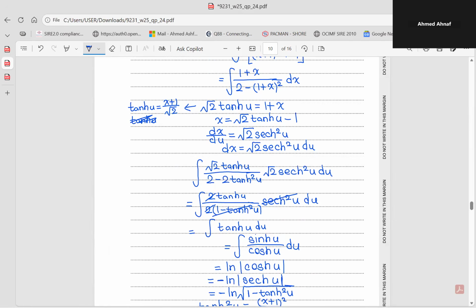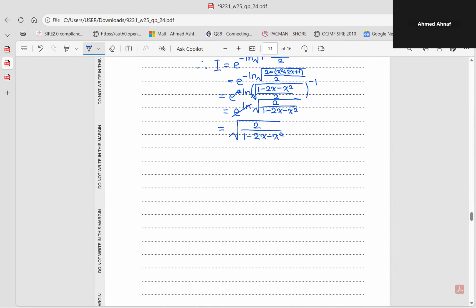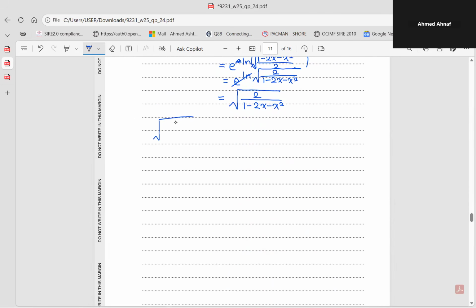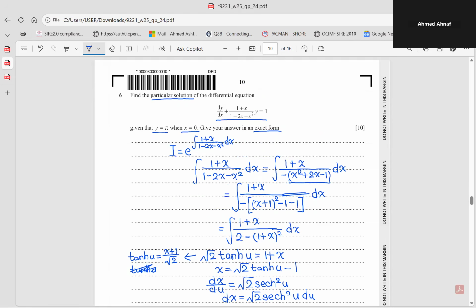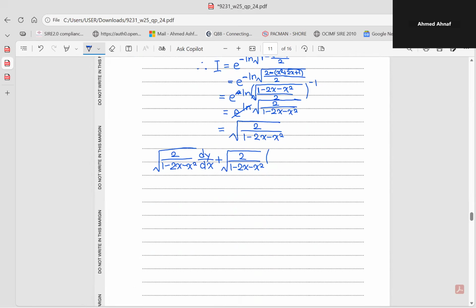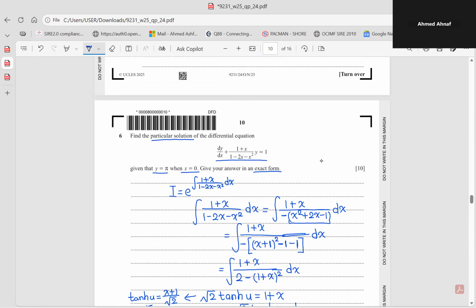Now we can multiply this on both sides of the DE. Doing that, we get square root 2 over 1 minus 2x minus x squared dy dx plus square root 2 over 1 minus 2x minus x squared times 1 plus x over 1 minus 2x minus x squared times y equals to 1.